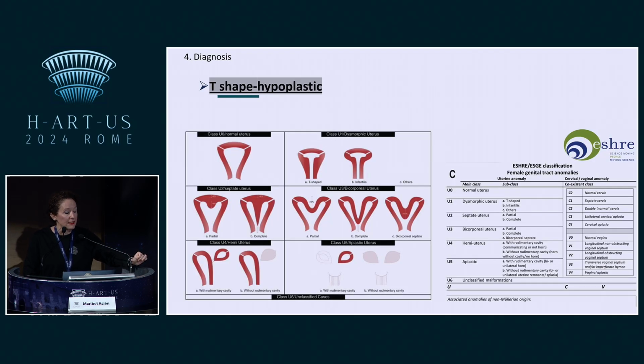The ESHRE-ESGE classification system refers to them as the dysmorphic uterus and subdivides it into a T-shape, which is characterized by a narrow cavity and thickened lateral walls with a correlation of 2/3 for the body and 1/3 for the cervix.